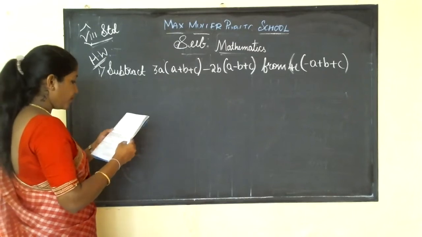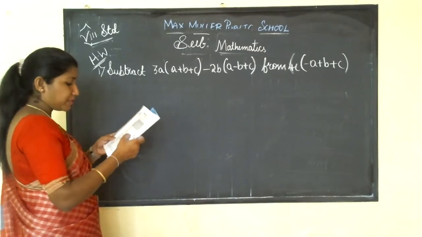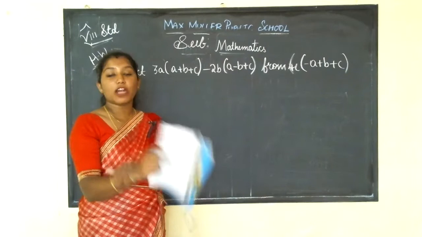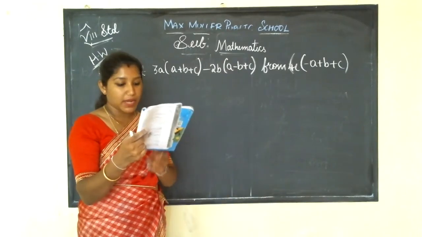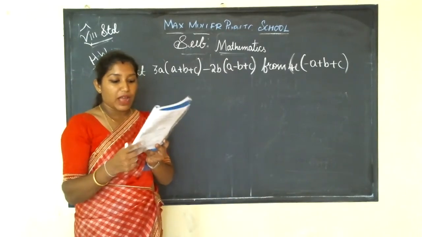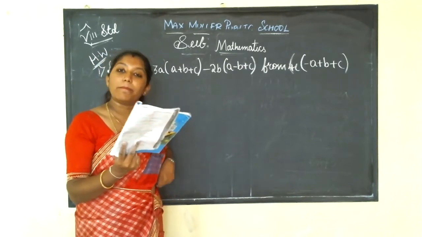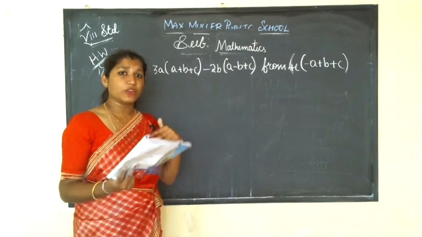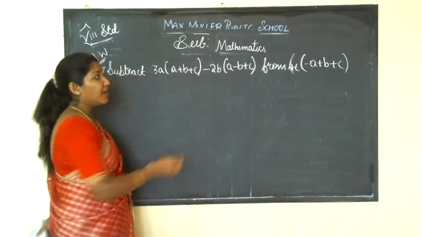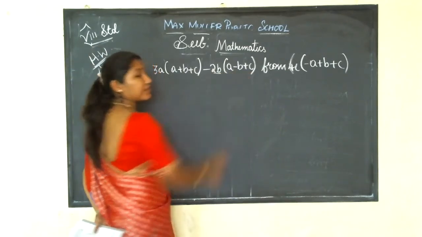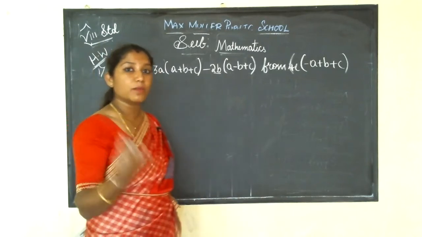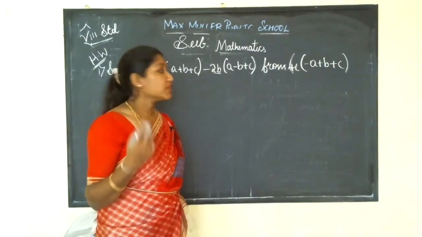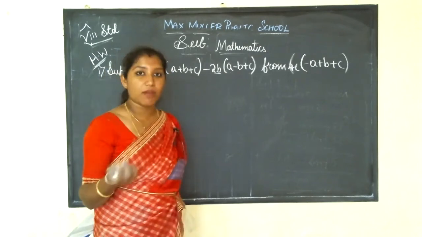Okay. Now, let me explain multiplying a polynomial by a polynomial. Or under that, multiplying a binomial by a binomial. That is 2 terms with 2 terms. Till now you have learned single term with 3 terms, or single term with 2 terms, binomial term, or else trinomial term.